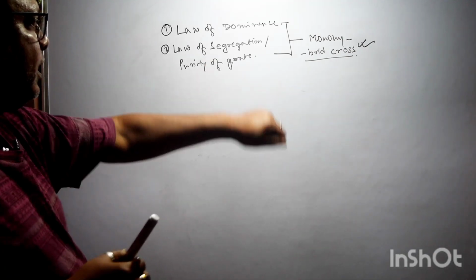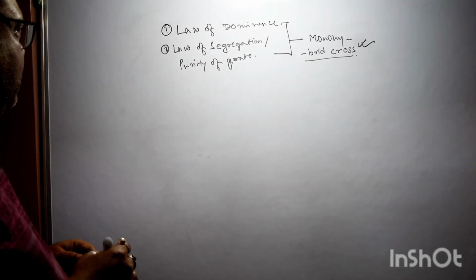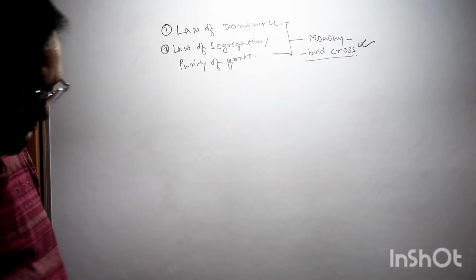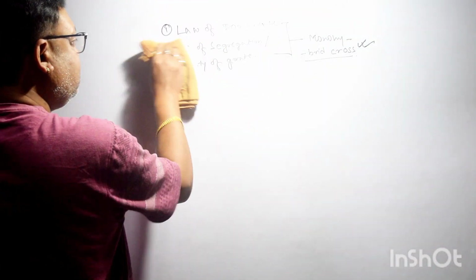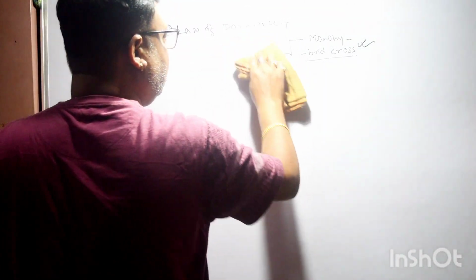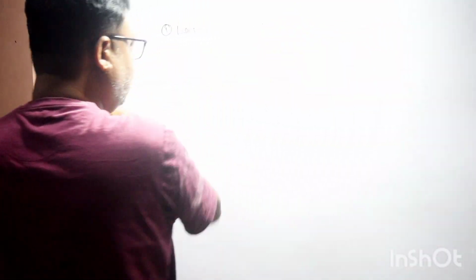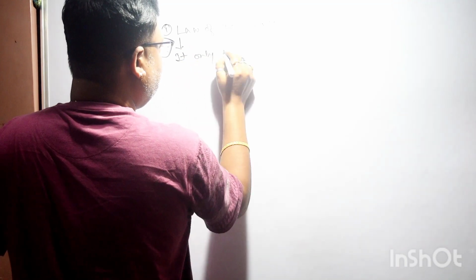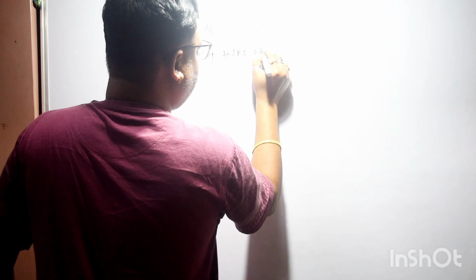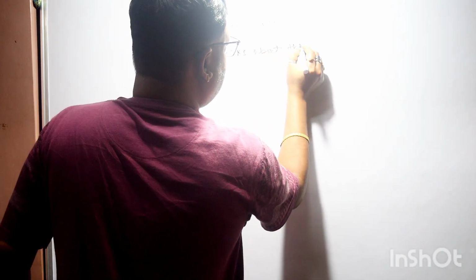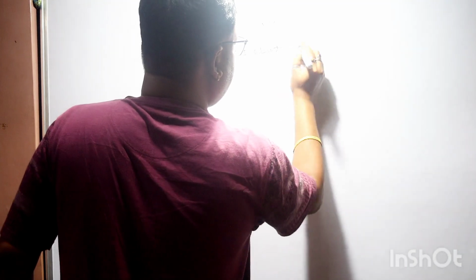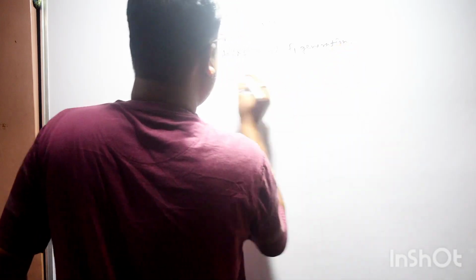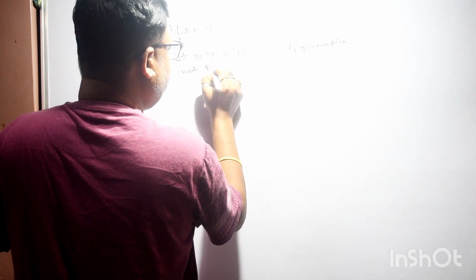Now if we try to understand the difference between these two, the law of dominance, the first law, only talks about F1 generation, not F2 generation.